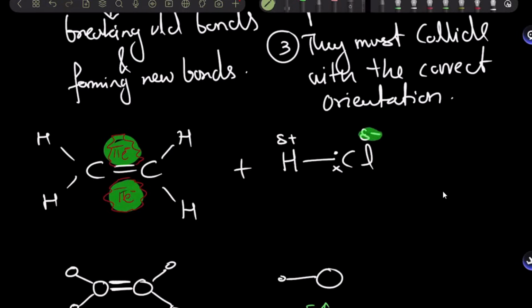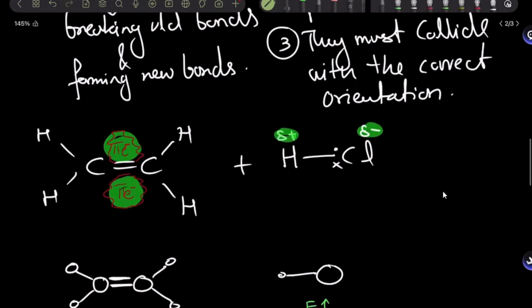Is it Cl negative, which is already quite negatively charged, or hydrogen, which is slightly positively charged? It has low electron density, or it is electron deficient. Who wants these electrons from ethene? The one who's electron deficient? So hydrogen wants these electrons from ethene. Whenever these two molecules collide with each other, hydrogen wants to be facing these electrons.